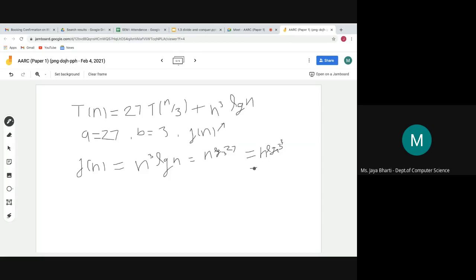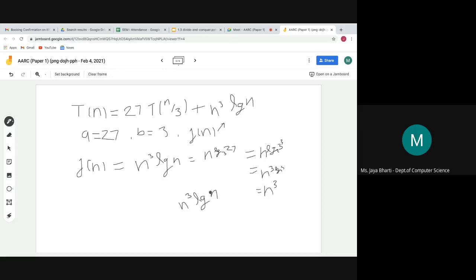Okay, so this whole thing will be n to the power 3 log 3 base 3. Okay, so this will be n cube, aur f of n ki value kitni hai? It is n cube log n.